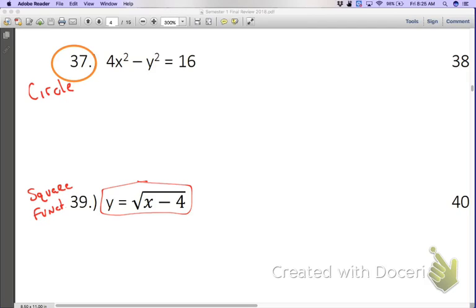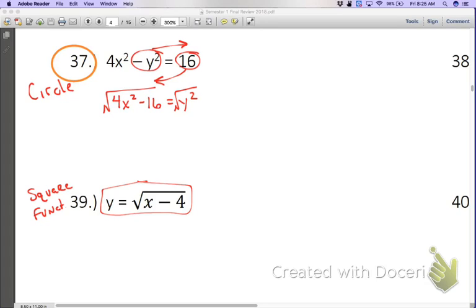But whenever I have to solve for y, what I'm going to do is send the y squared over, and send the 16 over. So whenever I do that, I have 4x squared minus 16 equals y squared. And then I'm going to take the square root of both sides.